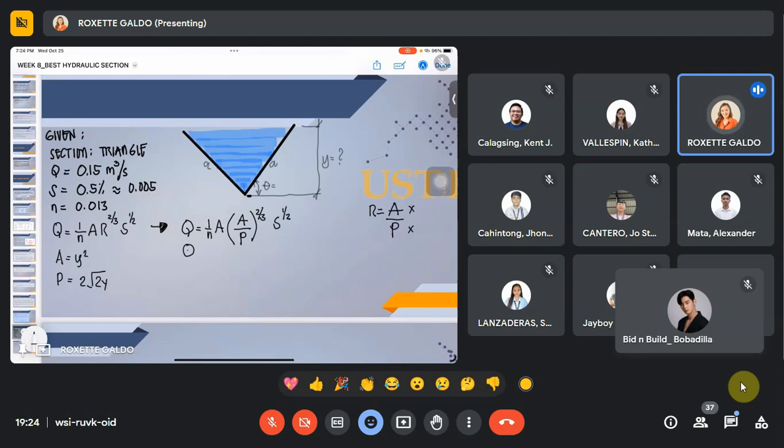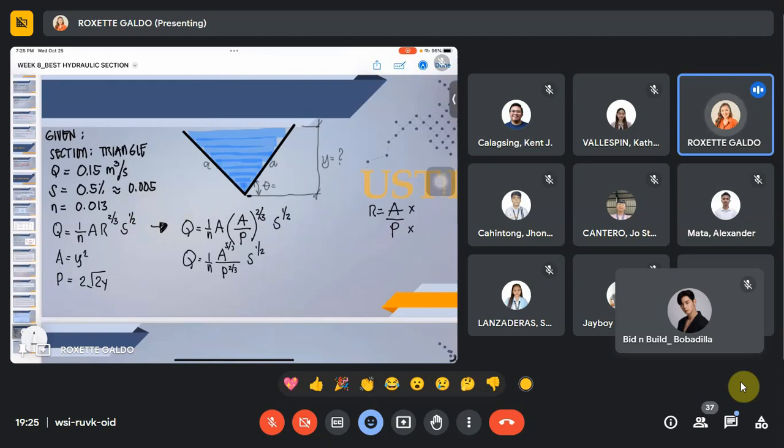To simplify, this becomes 1 over n, the area with an exponent of 5/3, that is 3 over 3 times 2 over 3, over P raised to 2/3, times S raised to the power of 1/2.